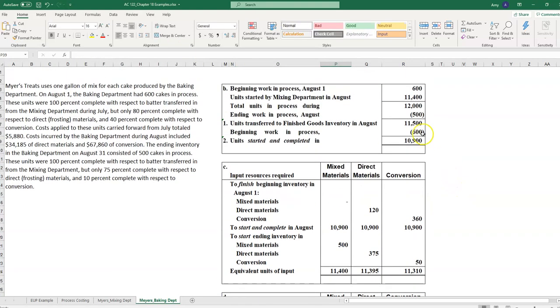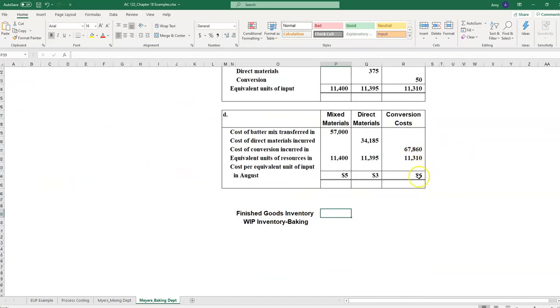We transferred 11,500 units, and we calculated a cost of $14 per unit. So 11,500 times 14 is $161,000.